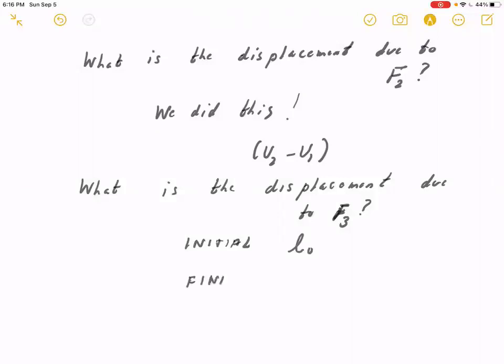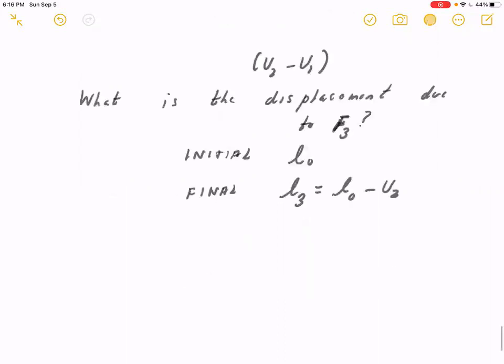The final distance is L sub 3, but that's L naught minus U sub 2. So the displacement from equilibrium of the second mass for F sub 3 is just L sub 3 minus L naught. That's L naught minus U sub 2 minus L naught, and that's minus U sub 2.